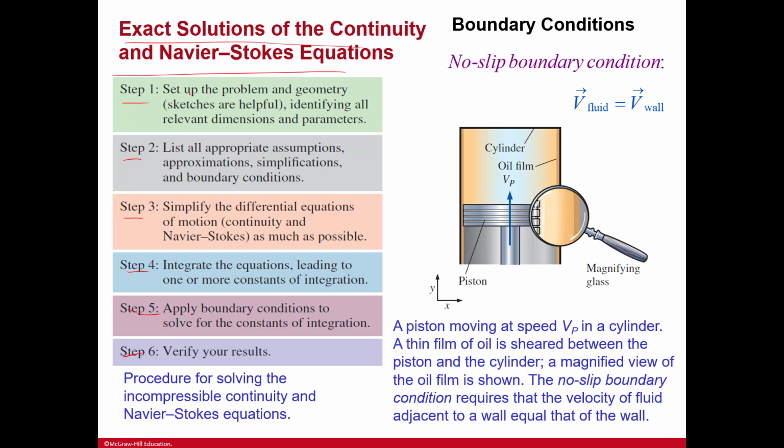Say what you're assuming, say what you're approximating, simplifying things, and boundary conditions. Simplify the differential equations of motion, continuity, and Navier-Stokes as much as possible. Make it simple. Integrate the equations, leading to one or more constants of integration, and then apply boundary conditions to solve for the constants of integration. And then, as always, verify your results as able.